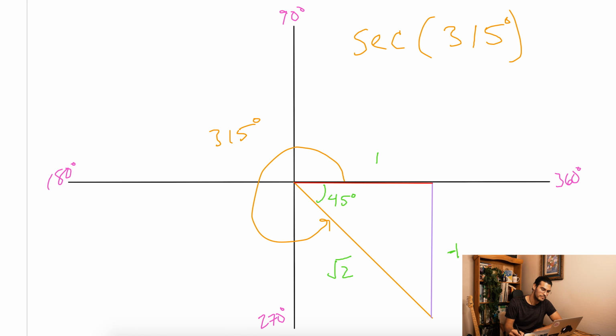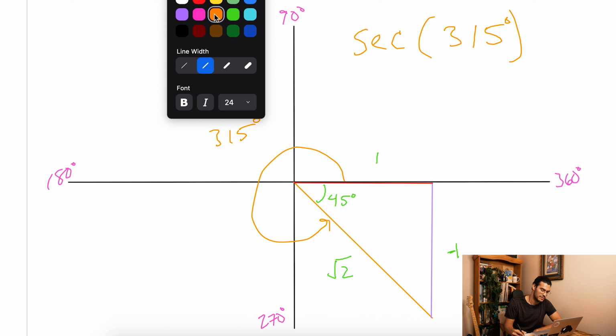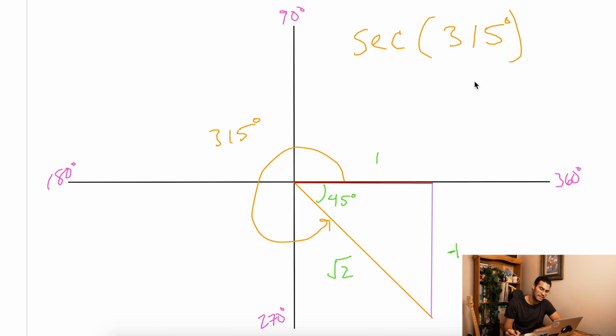Okay? So if we want secant of 315, secant goes with 1 over cosine. So I'm actually going to ask you, what is cosine of 315? And we can look at this triangle and say, okay, cosine is adjacent over hypotenuse.